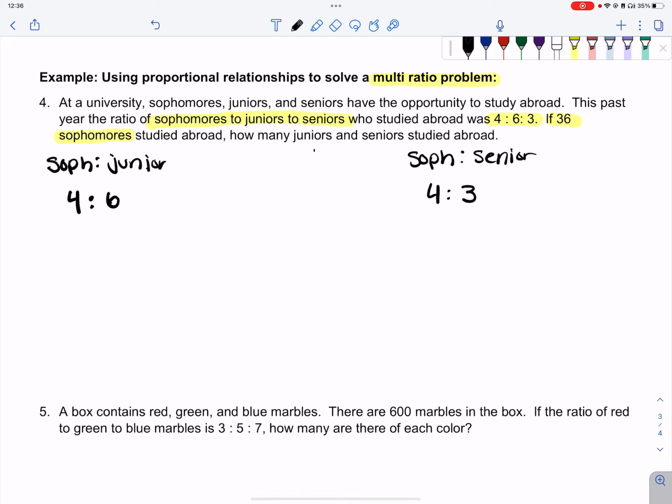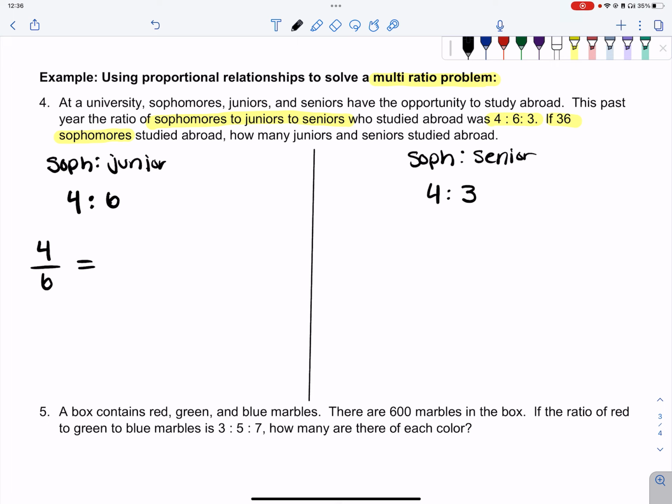So now I'm going to work through the sophomore to junior ratio first to figure out how many juniors studied abroad. We have the ratio that we've been given, the 4 to 6. I'm going to write that as a fraction because I want to set up a proportion. And now I'm going to set this equal to another ratio where we know the number of sophomores.